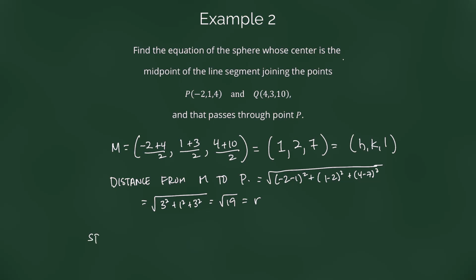So our sphere now has center (1, 2, 7) and radius square root of 19. So our sphere is going to be (x minus 1) squared plus (y minus 2) squared plus (z minus 7) squared. I keep trying to write that as a z.